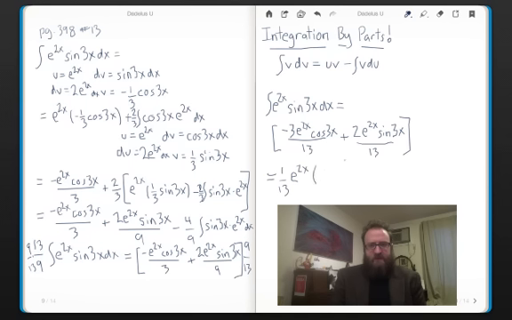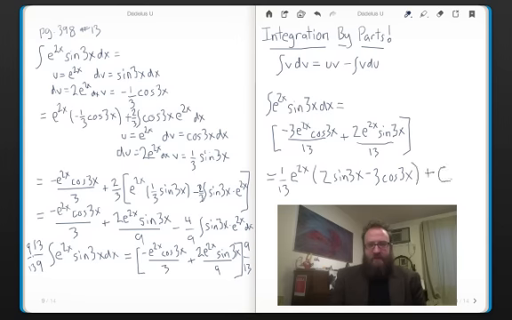And then we'll just reverse them and write 2 times sine of 3x, because we've taken the e out, 2 times sine of 3x, minus 3 times the cosine of 3x, and that's it.